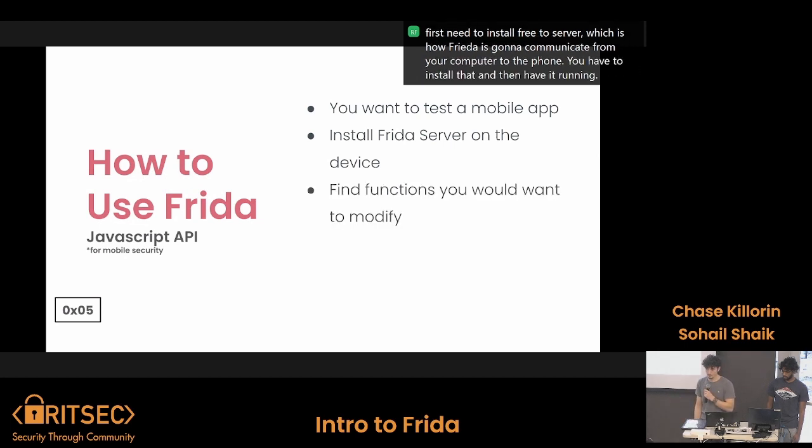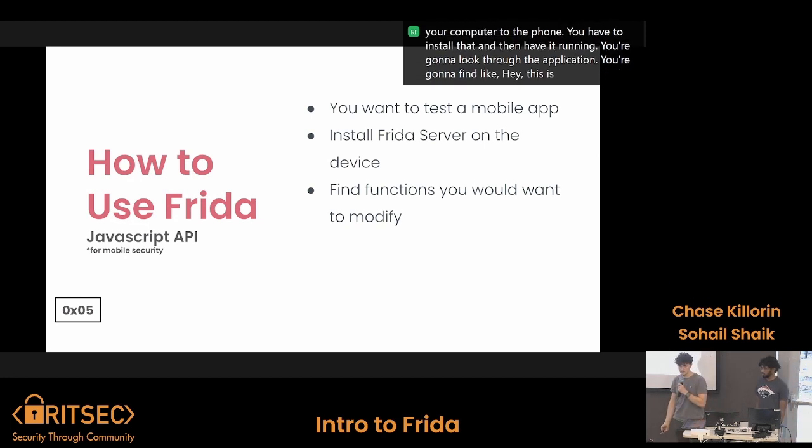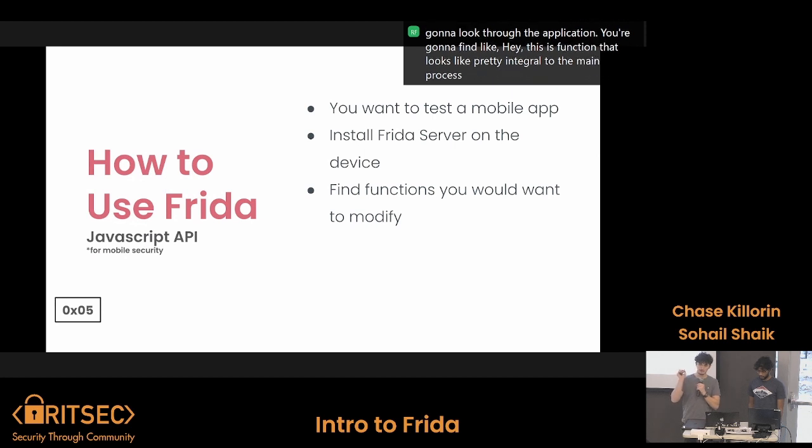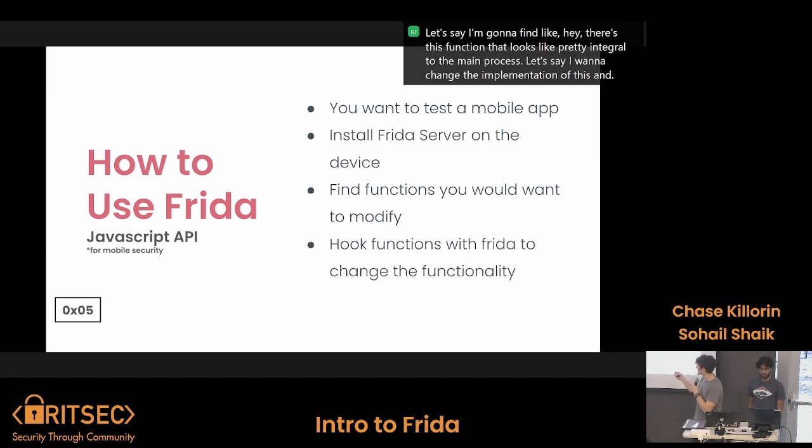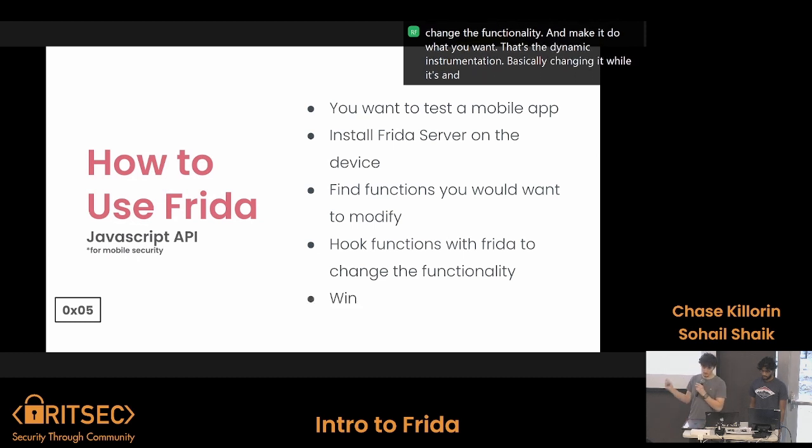You're going to look through the application and find, hey, there's this function that looks pretty integral to the main process. Let's say I want to change the implementation of this and change its functionality and make it do what you want it to do. That's the dynamic instrumentation, basically changing it while it's running. And you just win. So you basically have full control of the application.